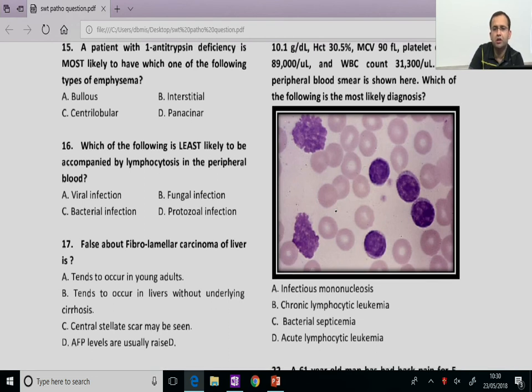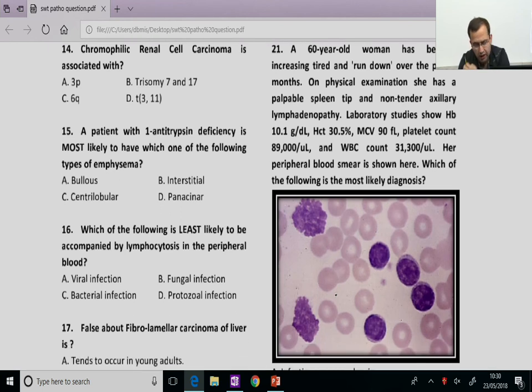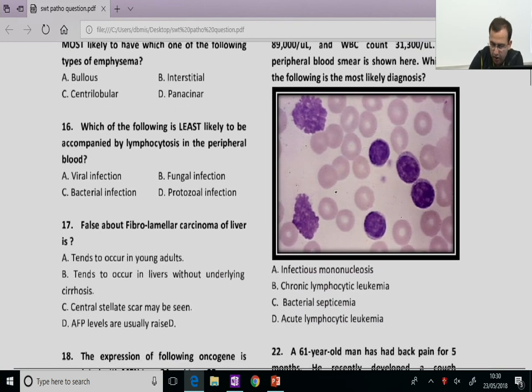In such a question, I need not even know the history of the patient to come to a diagnosis. This can simply be asked as an image-based question without history, nothing. So let us now come to the question whether it is fitting into our diagnosis of CLL or not. Now, palpable spleen, non-tender lymphadenopathy, lab diagnosis, TLC count elevated. So everything fits into CLL, chronic lymphocytic leukemia.